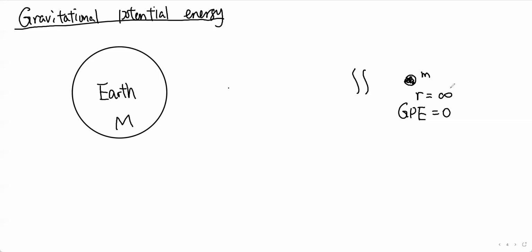And you know that the gravitational force is an attractive force. So if these two objects get closer to each other, let's say there are two masses in space, and you release them from rest, because of the attractive gravitational force, they will attract each other and move faster and faster until they collide.